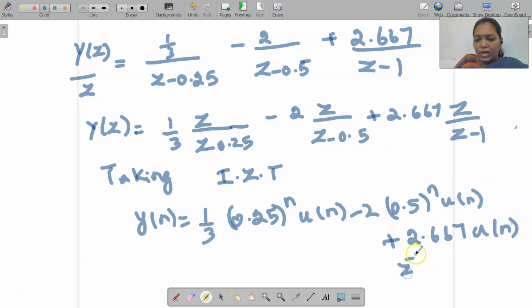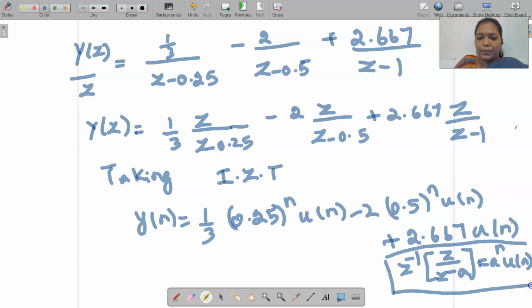We should know that the inverse z transform of z by z minus a is a power n u of n, and z by z minus 1 is u of n. So using that formula we can apply the inverse z transform.